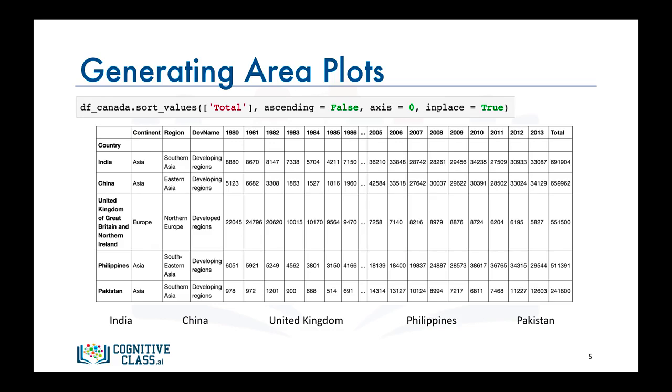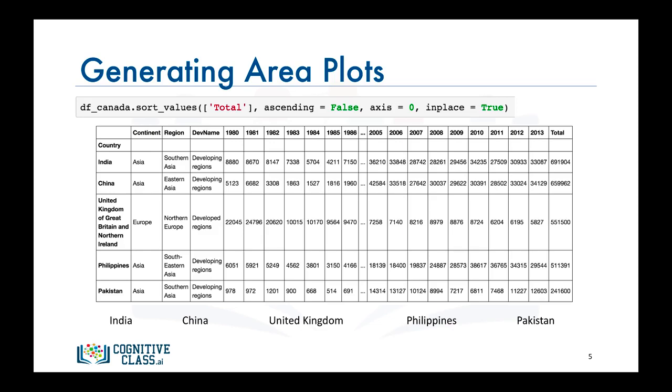So can we now go ahead and generate the area plots using the first 5 rows of this data frame? Not quite yet. First, we need to create a new data frame of only these 5 countries, and we need to exclude the total column. More importantly, to generate the area plots for these countries, we need the years to be plotted on the horizontal axis and the annual immigration to be plotted on the vertical axis.